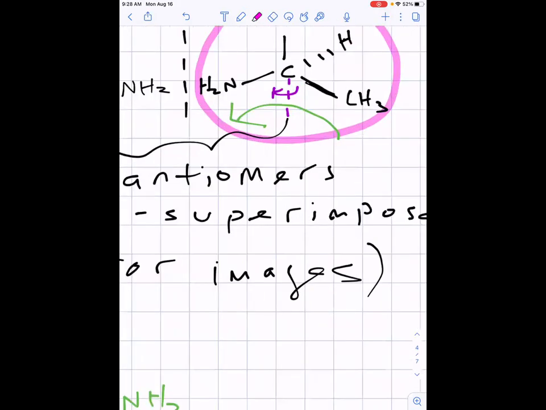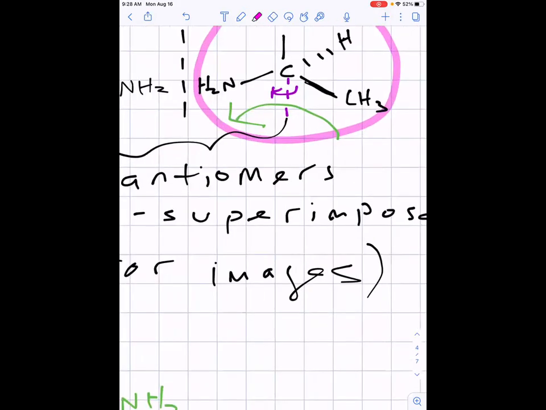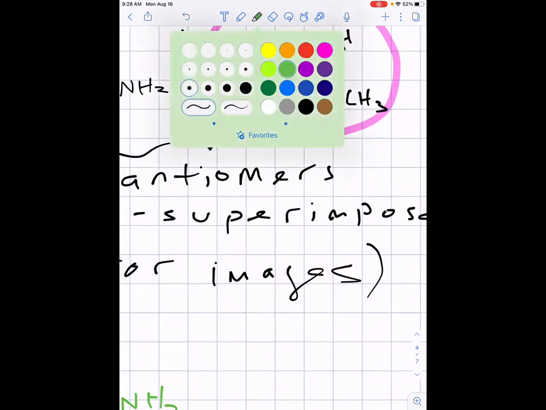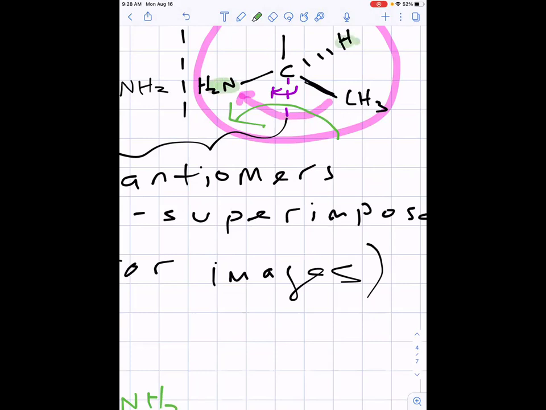Let's say we're turning it on the axis. So all the groups on the bottom, let me highlight them, here, here, and here, all those groups are going to move around like on a carousel. Yeah, I see it better now. I just wanted to clarify it was just for these particular stereoisomers.